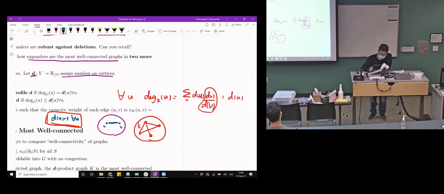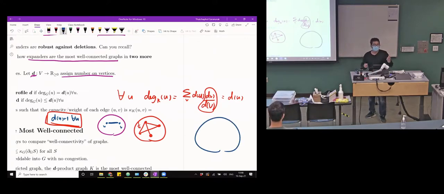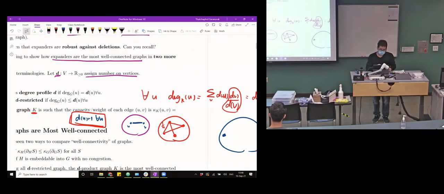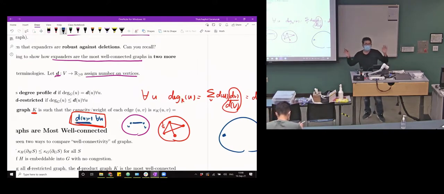So you should think of the product graph as a complete graph. But kind of, if D is uniform, it's really like a complete graph where you scale everything by some constant.